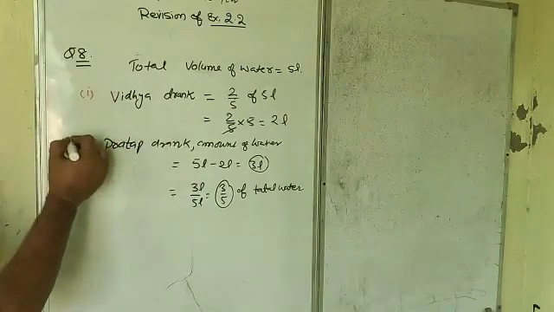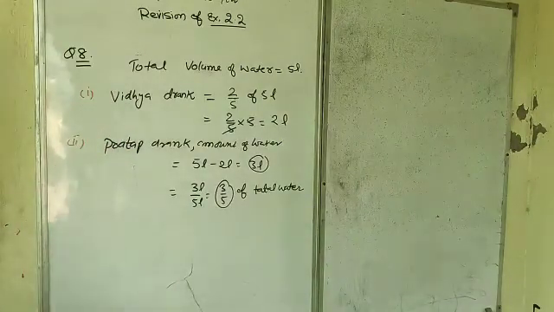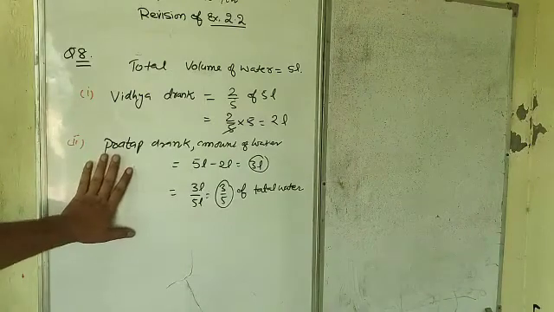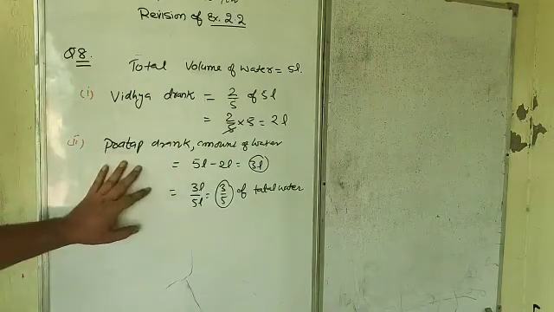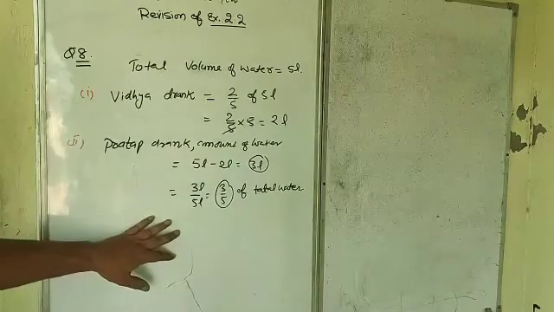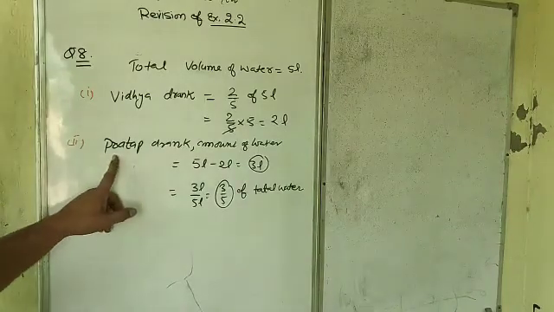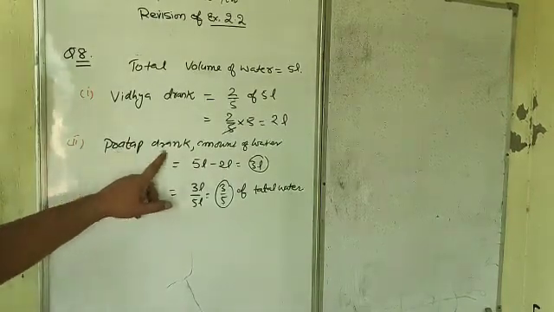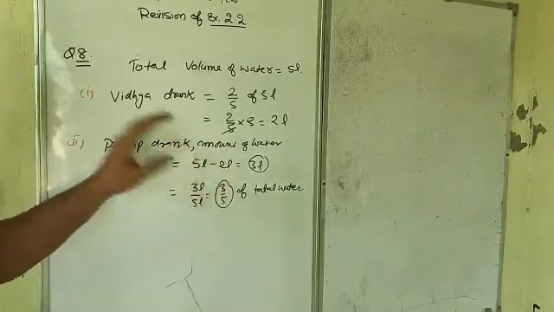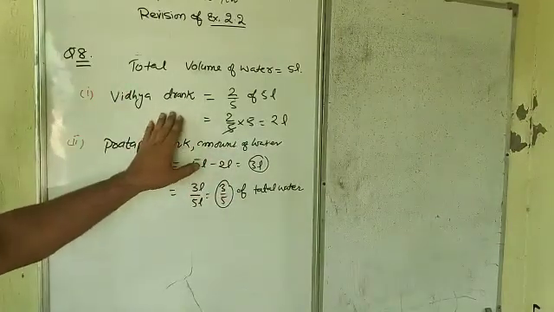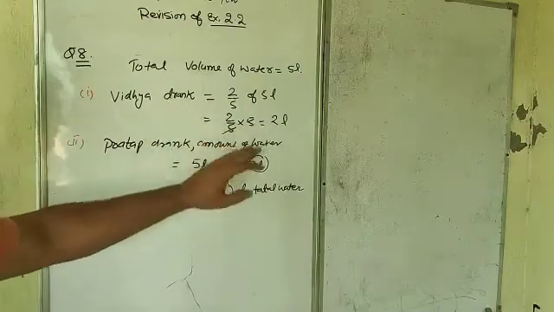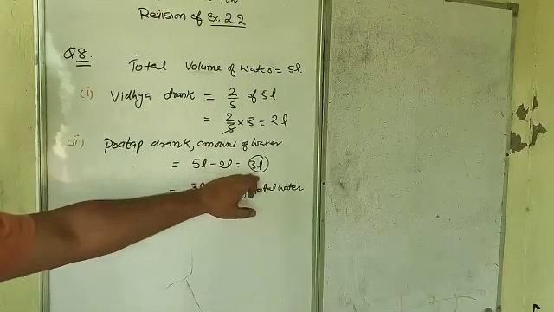In the second part, it is being asked what amount of water was drunk by Pratap and what is the fraction of the water that he has drunk. Now, look at this. The amount of water Pratap drank is equal to the total water, 5 liter, minus the amount used by Vidya, 2 liter. So 5 liter minus 2 liter is 3 liter.